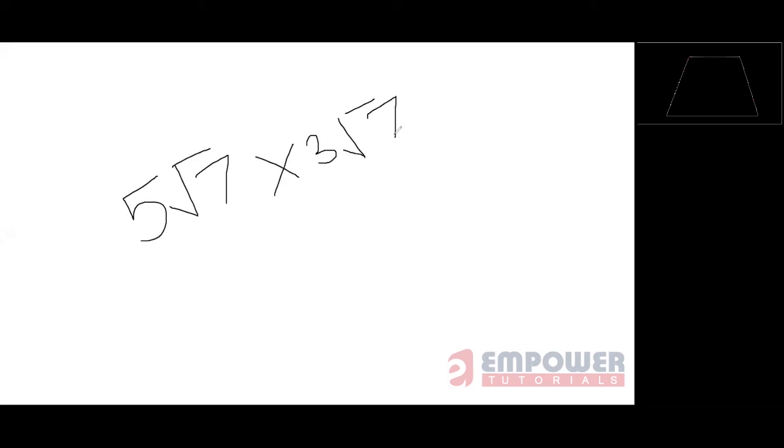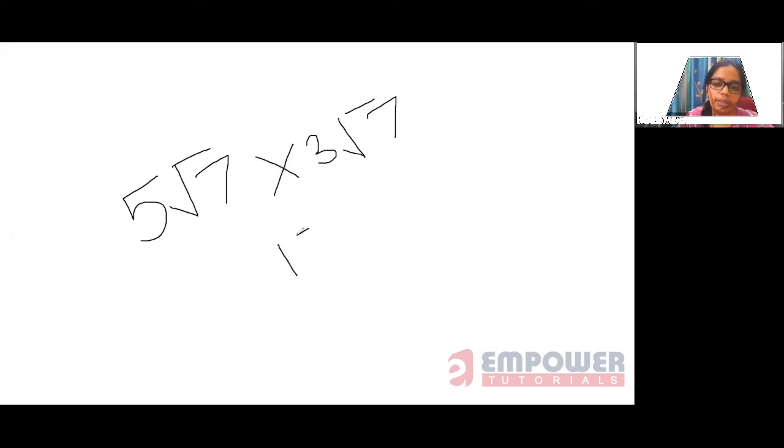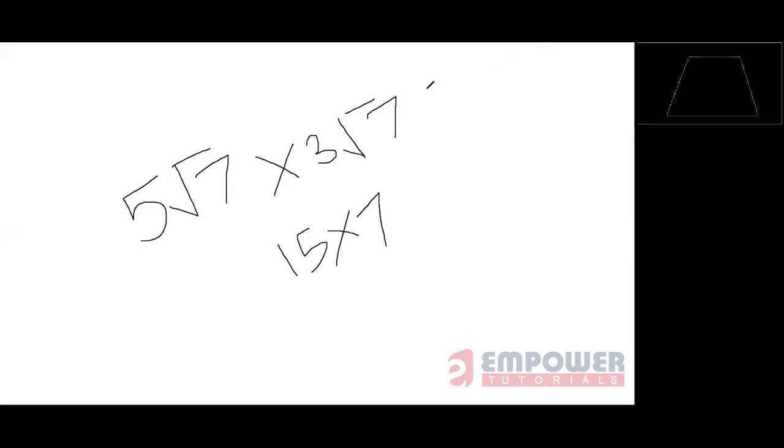Okay, so let's say 5 root 7 into let's say 3 root 7. What will be the answer of this? Ma'am, 15 into 7, and that will be how much? 105. Very good. Tell me the answer of this.